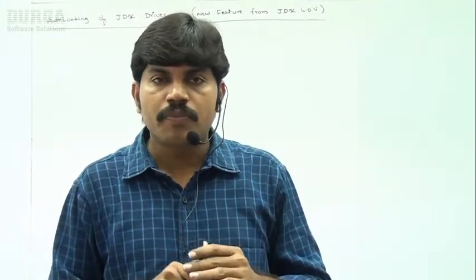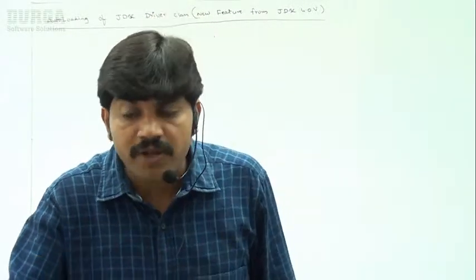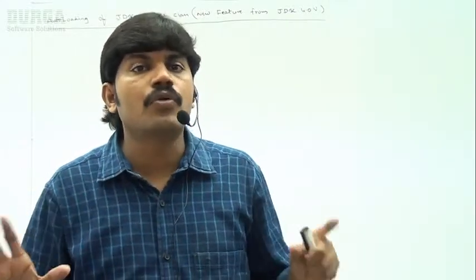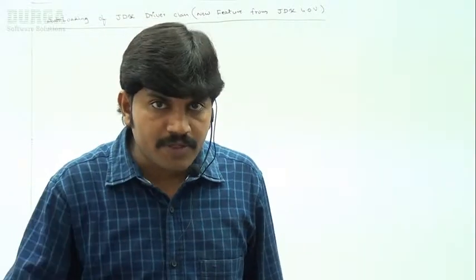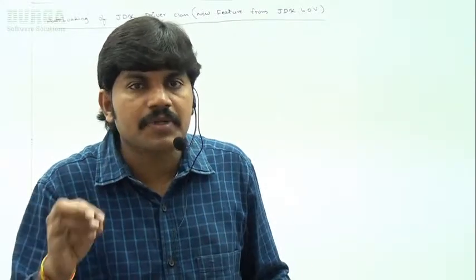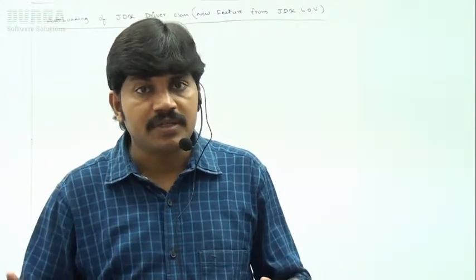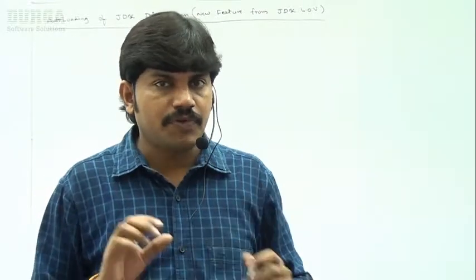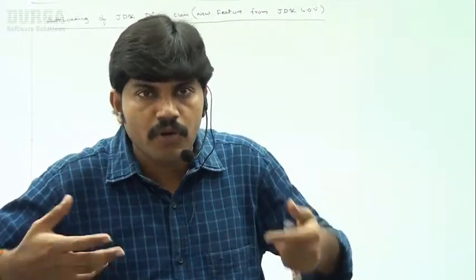Based on JDBC URL, from the class path, the JDBC driver will be loaded automatically. We are not required to load it explicitly. Internally, how it is implemented, that part I will discuss, so that you can feel more comfortable.